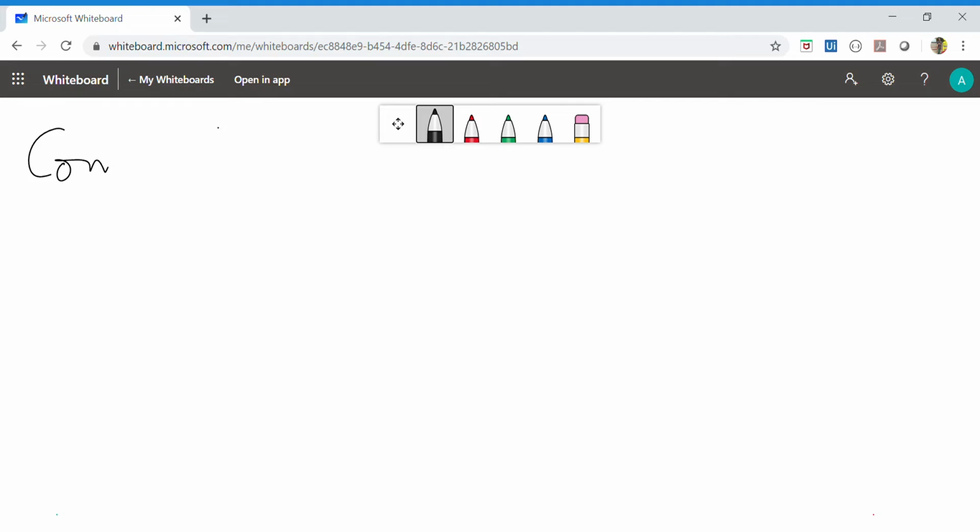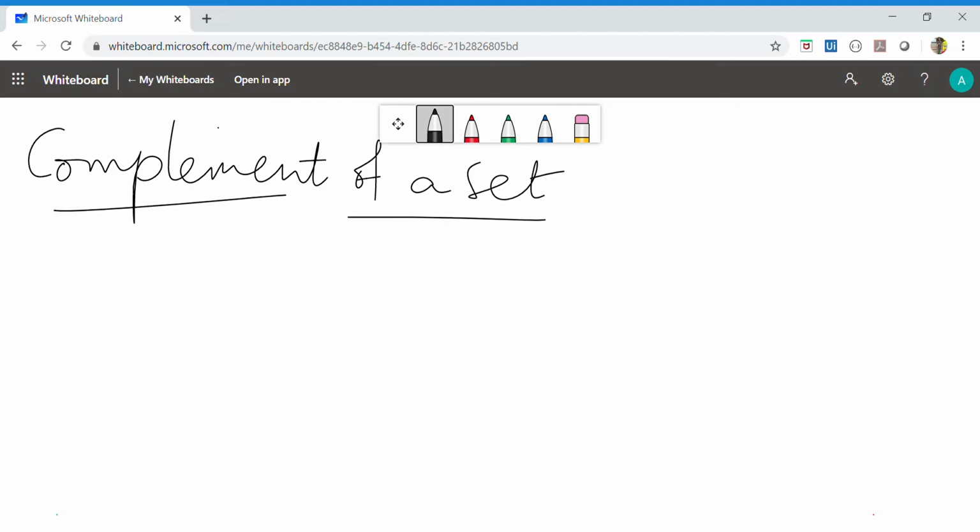Next, complement of a set. The complement of a set is denoted by A complement, like this, or else A complement, like this also we can represent.